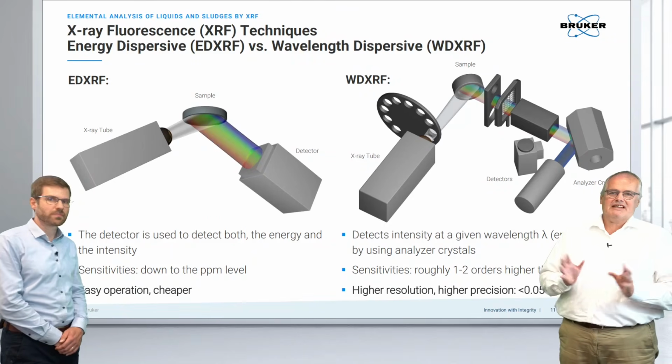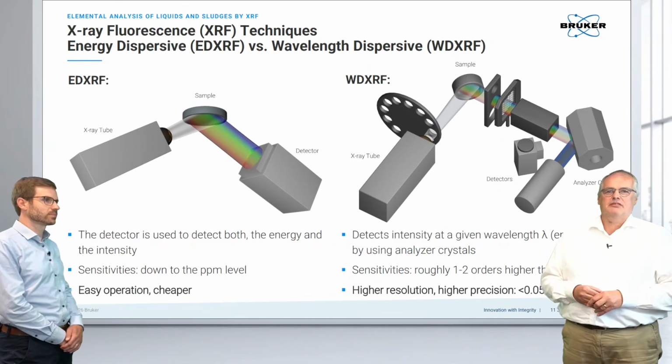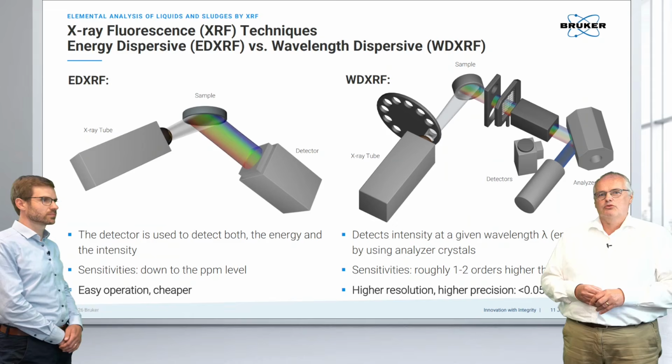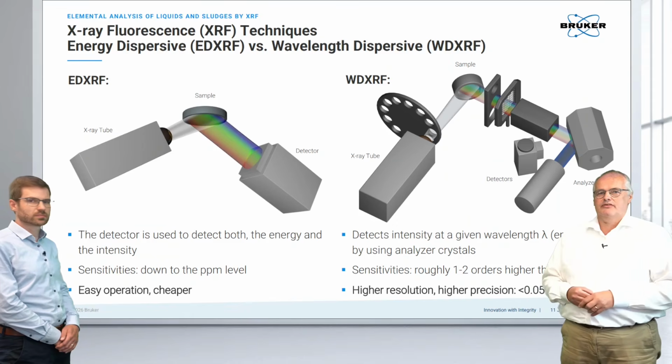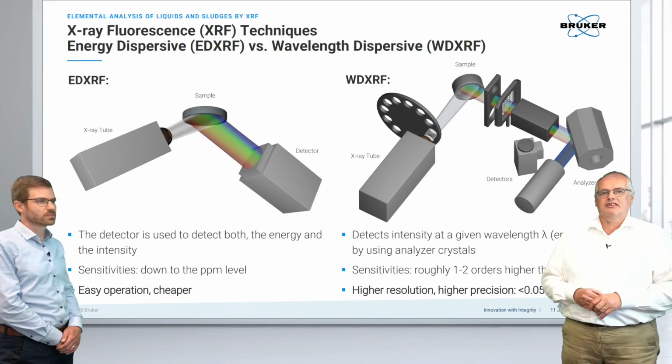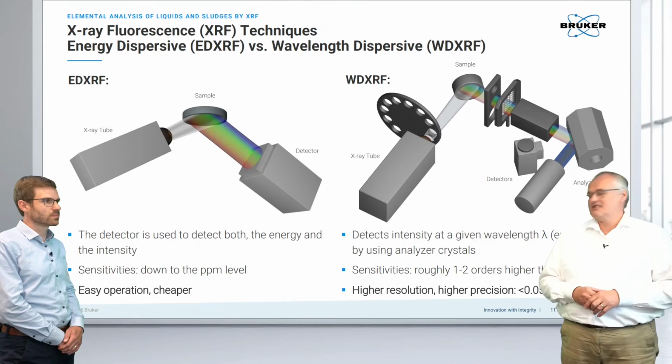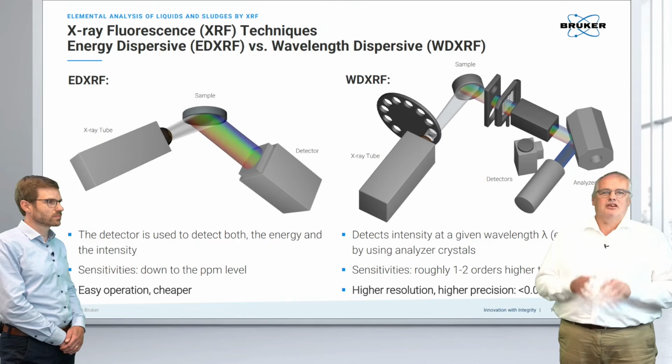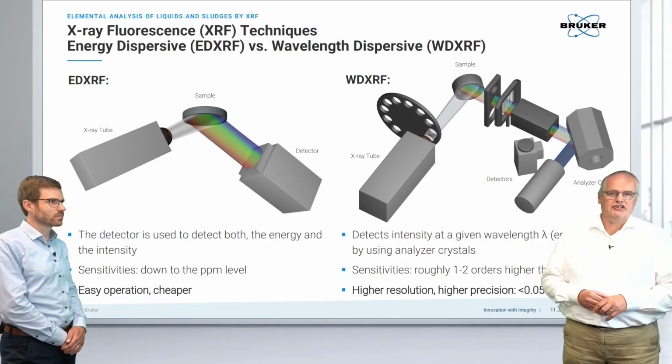So we basically have two instruments. Energy dispersive XRF, which excites the sample with a lower power X-ray tube, and then with one single semiconductor detector, we see all the X-ray fluorescence radiation at once.